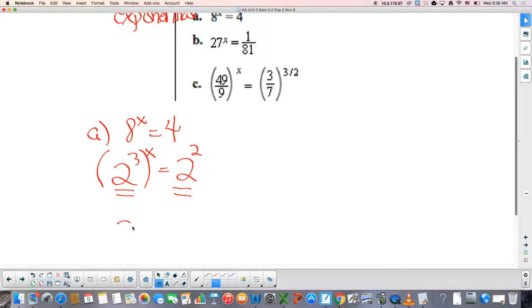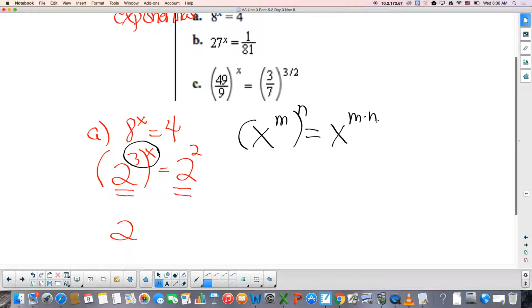So how do I simplify the left side? What do you do with these exponents? Remember, x to the m to the n? Multiply them. It's the power of a power, and the operation I consider lower than that would be multiplication. So this is 2 to the 3x equals 2 to the second power.